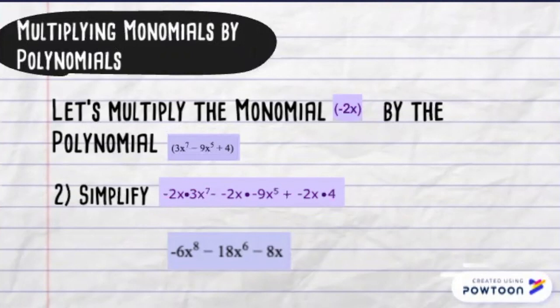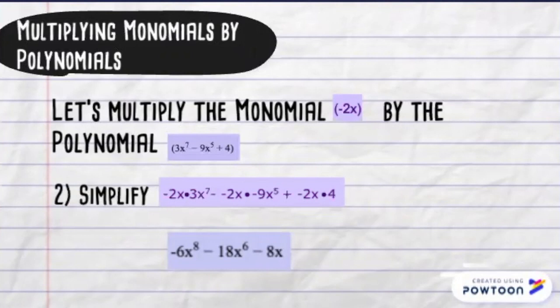Since we have a minus sign next to the negative 2x, it will become positive because 2 negatives make a positive. So it would be 2x times negative 9x to the 5th power, which will give us negative 18x to the 6th power. Because positive 2 times negative 9 is negative 18, and x times x to the 5th power is x to the 6th power.